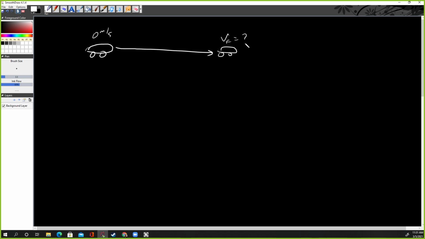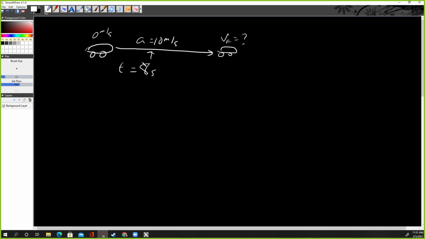Its final speed is going to be what? What if I put a new engine in it, and my math says it should accelerate at 10 meters per second squared, which is ridiculous. I don't think there's any car that can do that, but let's just say it can. And it does that for, let's say, 8 seconds. So for 8 seconds, it can maintain that kind of acceleration. What would the final speed be?